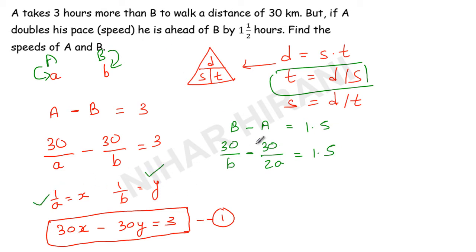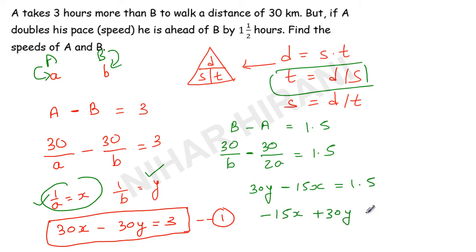So that will make 30y, because 1 upon b is y. So 30y minus 15x, why 15x? Because 1 upon a is x, equal to 1.5. Now I will just rewrite the equation. That will be negative 15x plus 30y is equal to 1.5, and this is my result number 2.